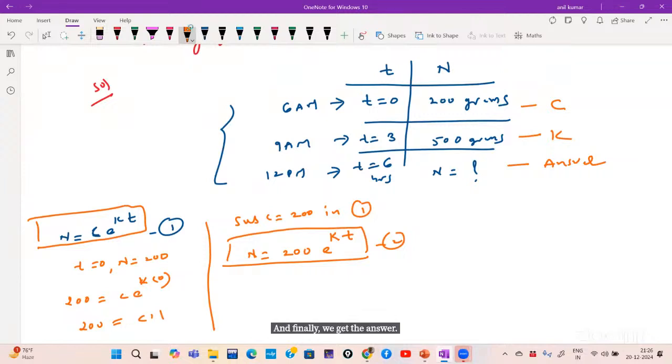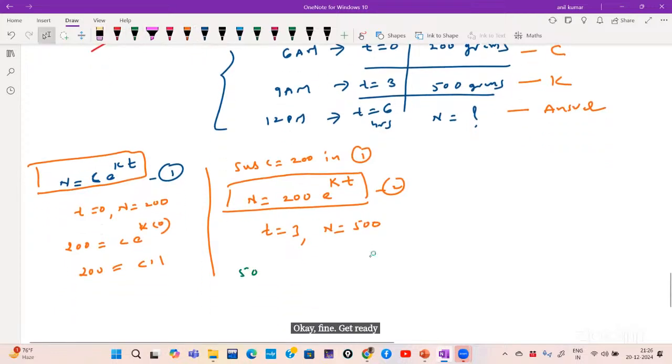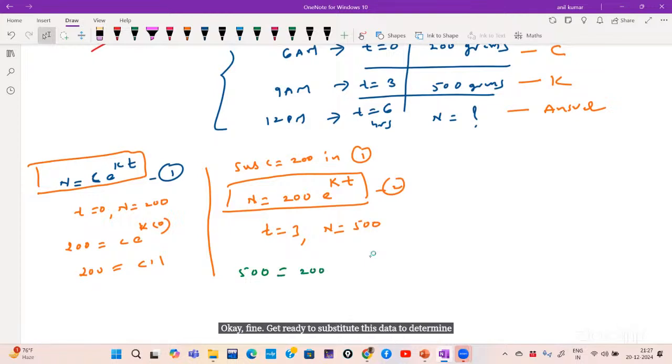And here, after 3 hours, the bacteria increased to 500 grams. Okay, fine. Get ready to substitute this data to determine the K value.